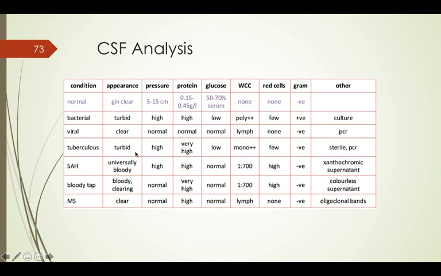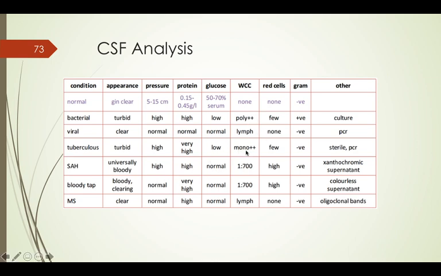In tuberculosis, it's similar to bacterial in the sense it's turbid in appearance. Pressure again is high, protein is very high, again low glucose due to the glucose consumption, and you get lymphocytes in tuberculosis, actually not neutrophils as you do in bacterial.